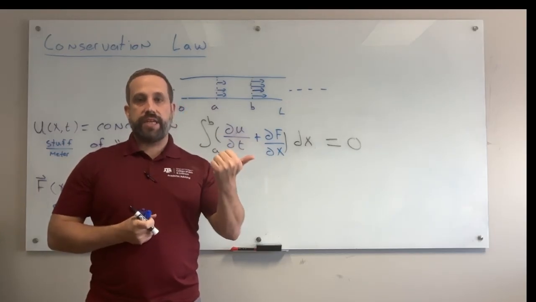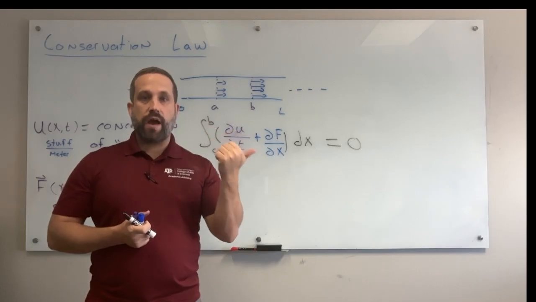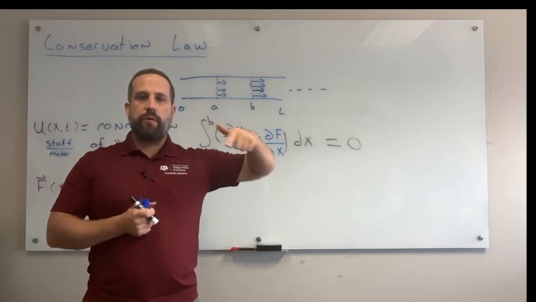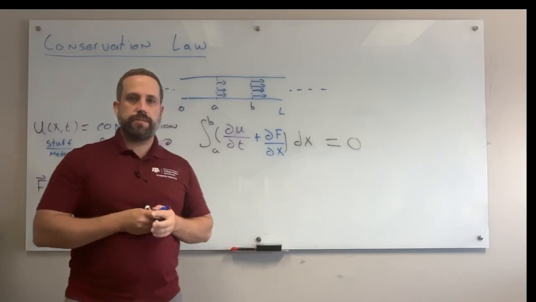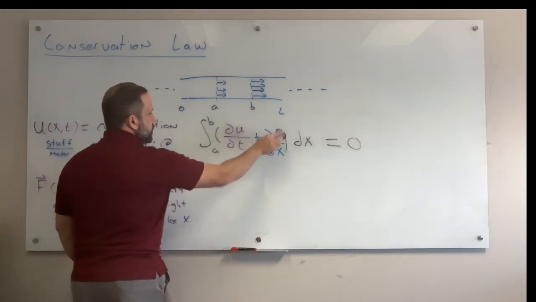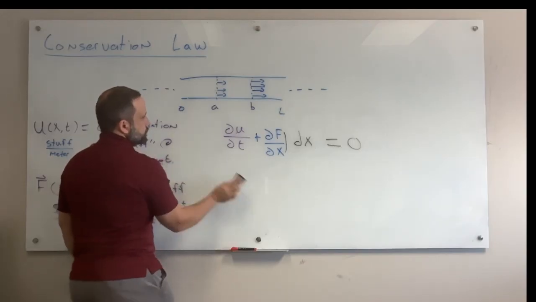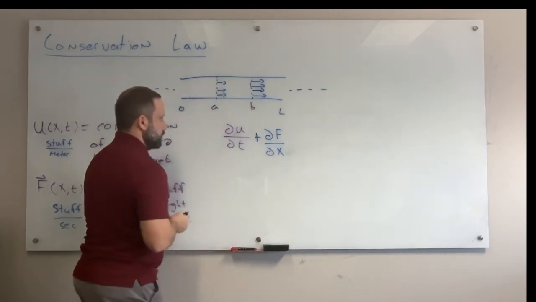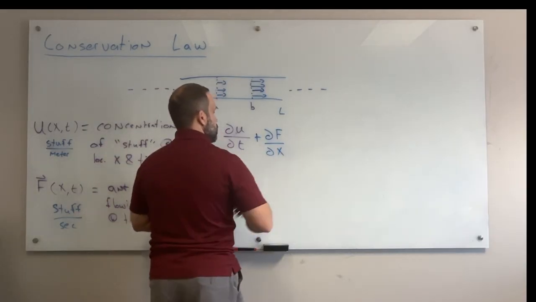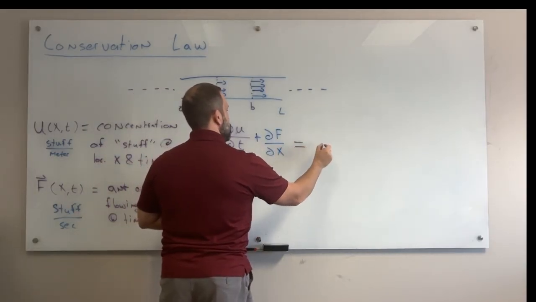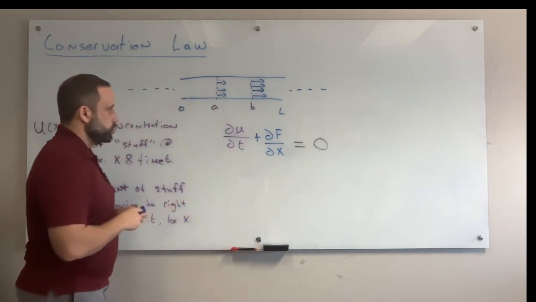Either the function is 0 everywhere, or it is discontinuous and it's 0 almost everywhere, except at some isolated points. So however you want to interpret it, what it tells us is that this function is equal to 0. In other words, this is equal to 0.